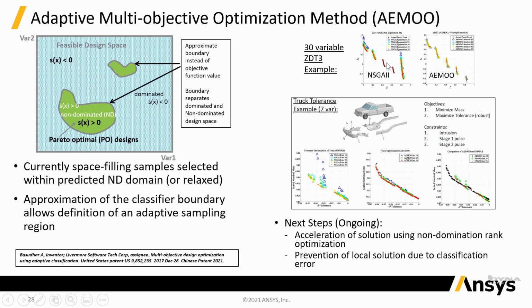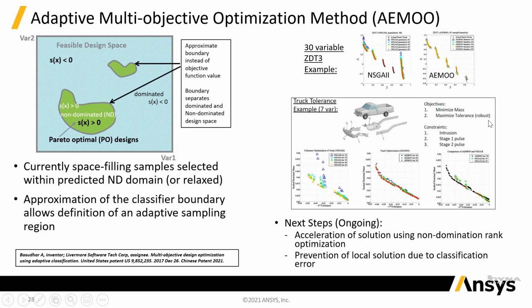And clearly, you can see that the one on the right is much better, as the actual solution here is represented by those brown points. And you can see that NSGA2 here misses two of the Pareto optimal front subregions, whereas AMU is able to predict all of them accurately.